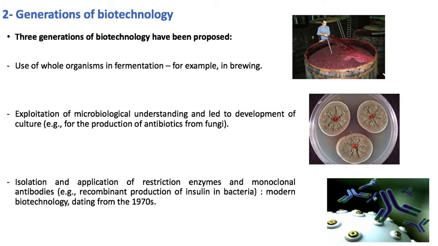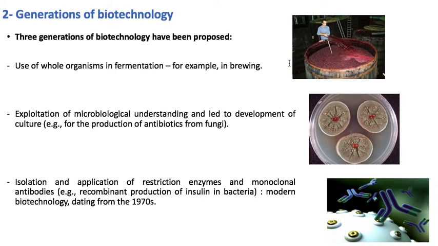So, with the development of biotechnology over time, we speak of several generations of biotechnology. We can subdivide them into three main generations. The first one concerned the use of whole organisms in fermentation, for example in brewing, as they used to do before.